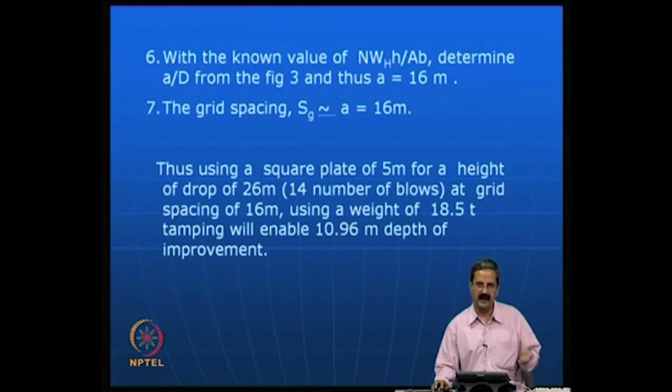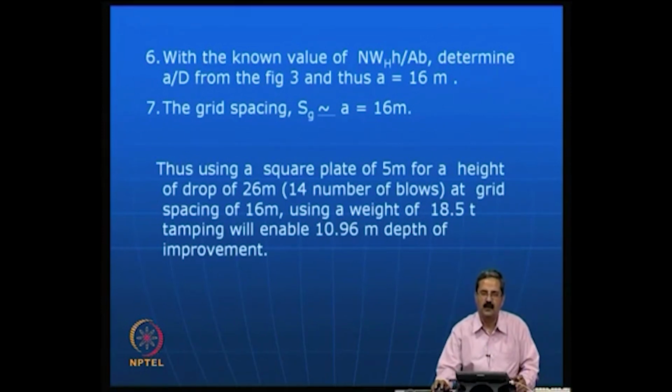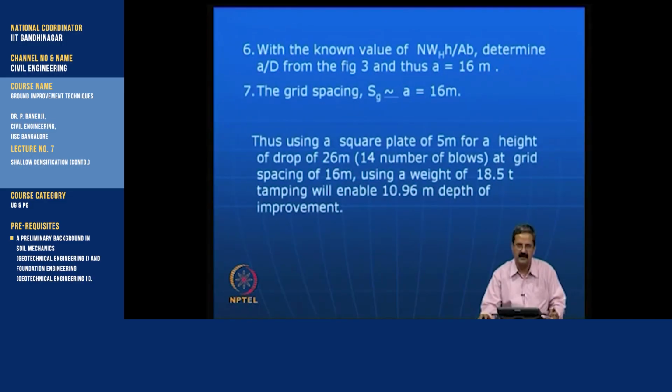Or if you need only 6 meters, you can alter the whole design by using appropriately all the numbers. The variables are that height of drop is one variable, and the spacing is another variable.